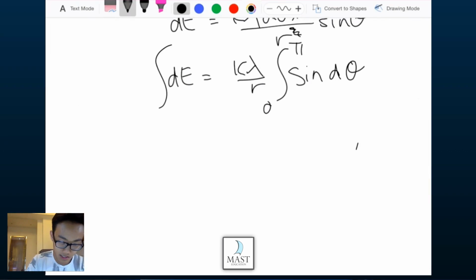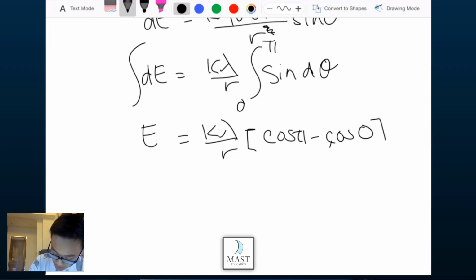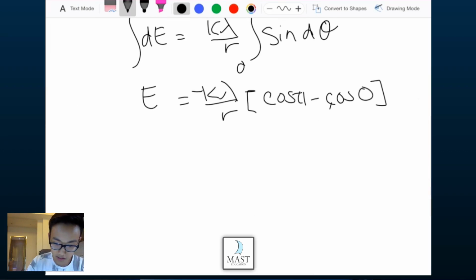And then what we'll do next is we'll find out that E will equal k lambda over r, since these are constants. And then we'll also have cosine pi minus cosine 0. Right? Oh, and there is a negative sign here because we're taking the integral of sine.